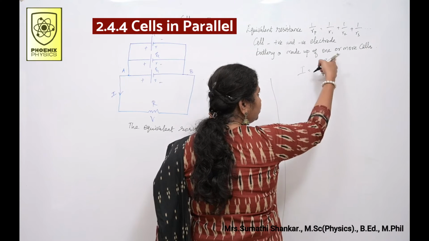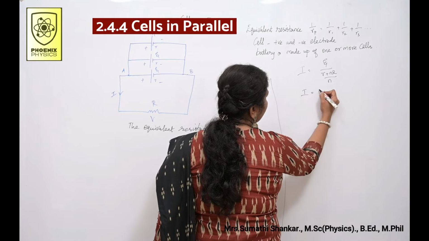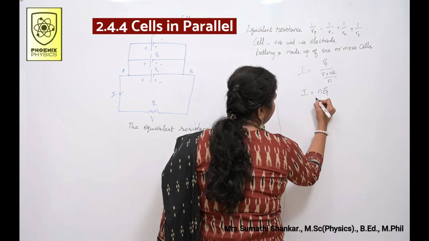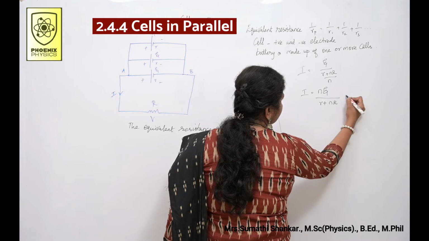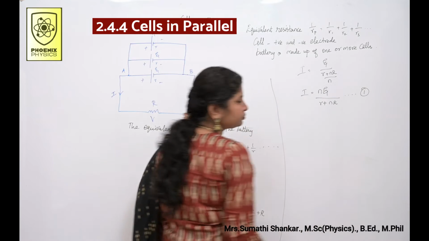Bring this n to the numerator, then I is equal to n Xi by r plus n into R. Say this is my equation 1.